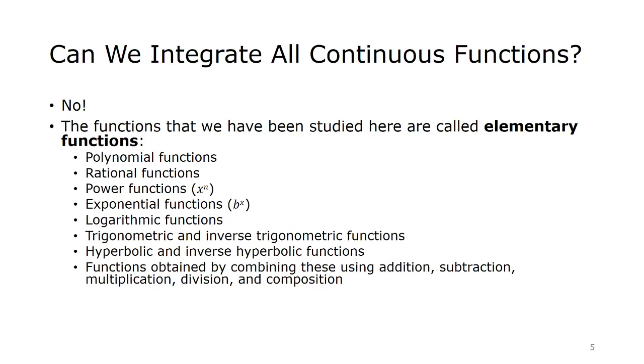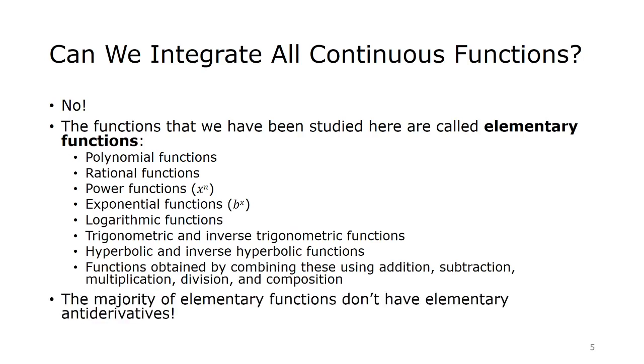So we've seen a lot of those, and not even all of those can be integrated, but some of them can. In fact, a majority of these elementary functions that we've been working with so far don't even have elementary antiderivatives or integrals. You can probably think of some. E to the negative x squared is a good example that we'll look at in several cases later in the semester.